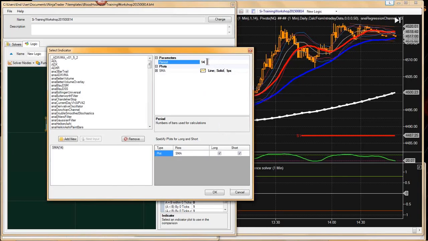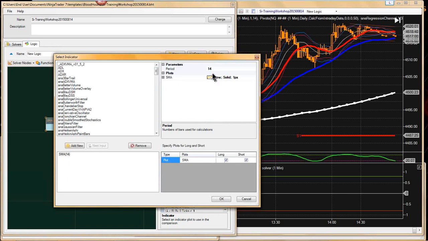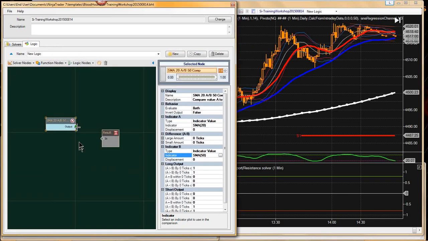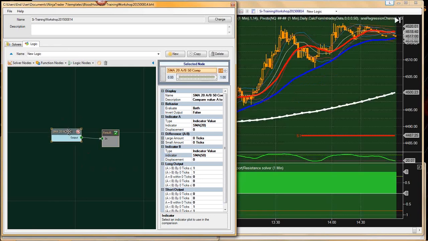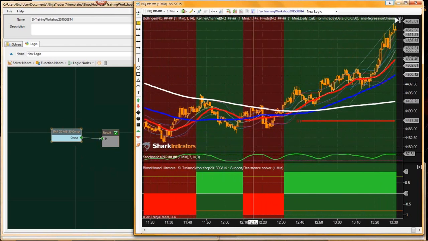So let's plug our SMAs in here, and all we have to do is change the period. Both A and B are set to the SMA by default, so I just need to change the period. There we go. Oh, and let's connect that up.